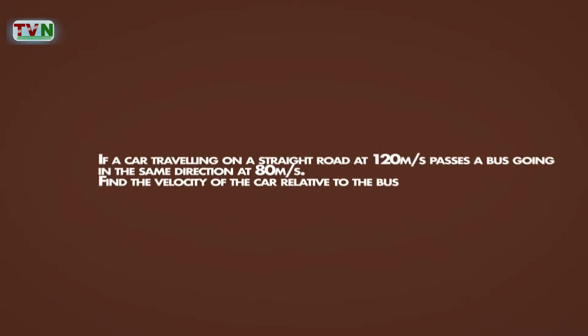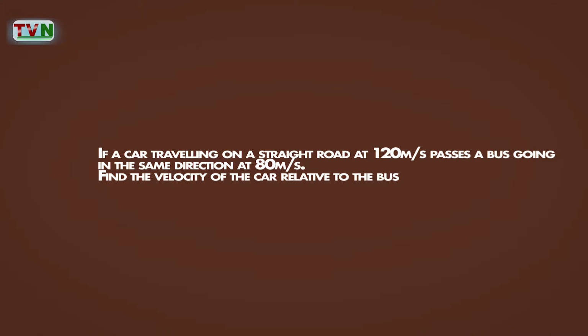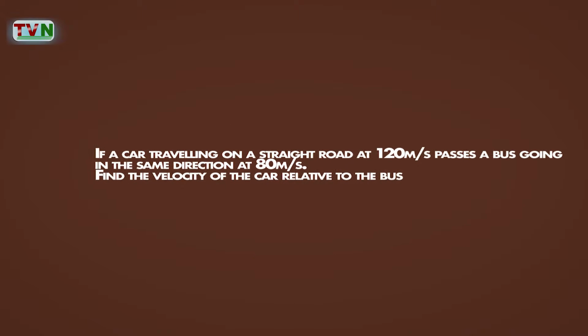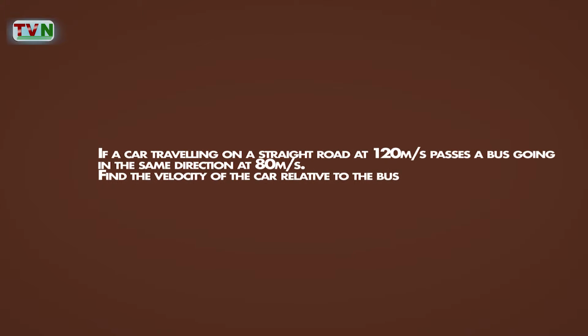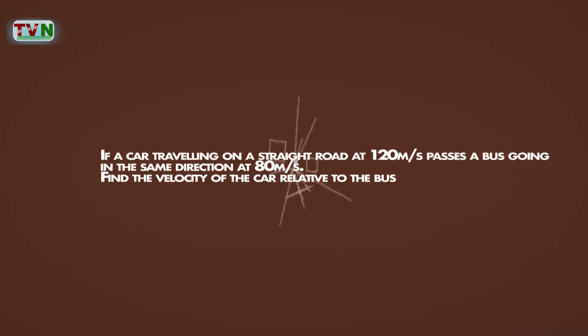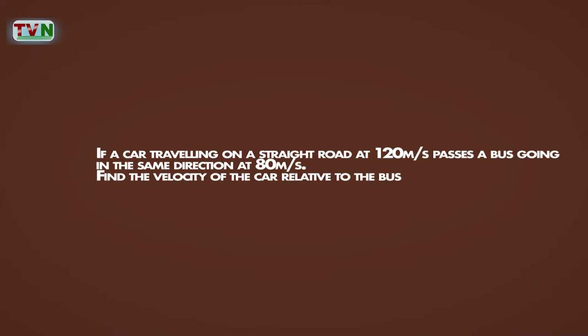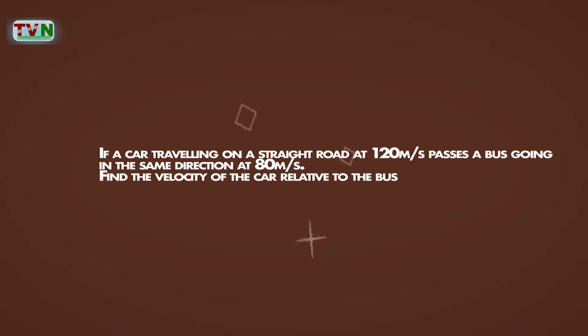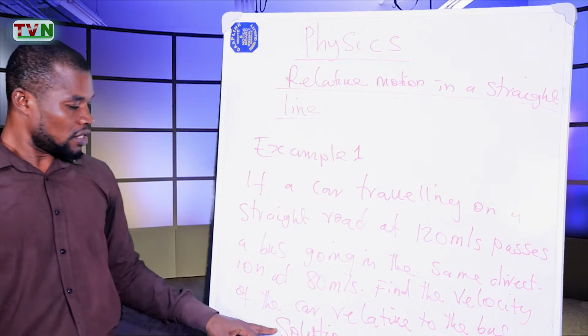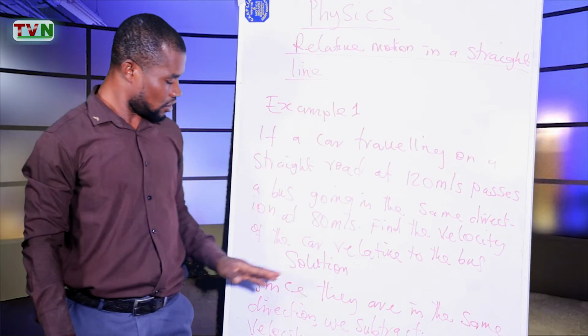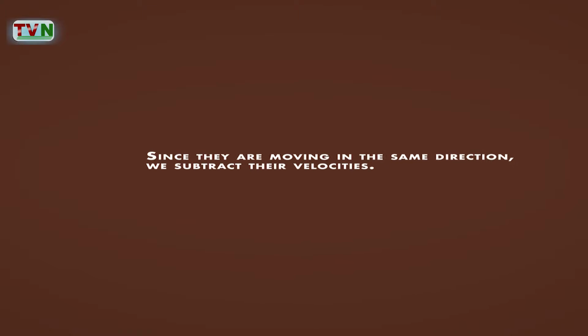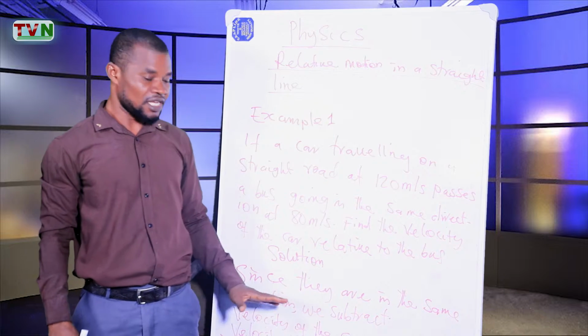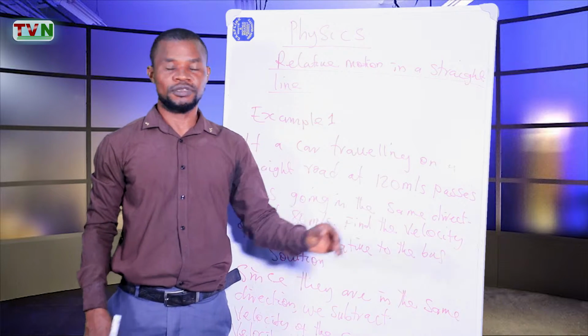Now the question is, if a car traveling on a straight road at 120 meters per second passes a bus going in the same direction at 80 meters per second, find the velocity of the car relative to the bus. Now they are going in the same direction. Because of that, we will subtract their velocities to get the velocity of the car relative to the bus.